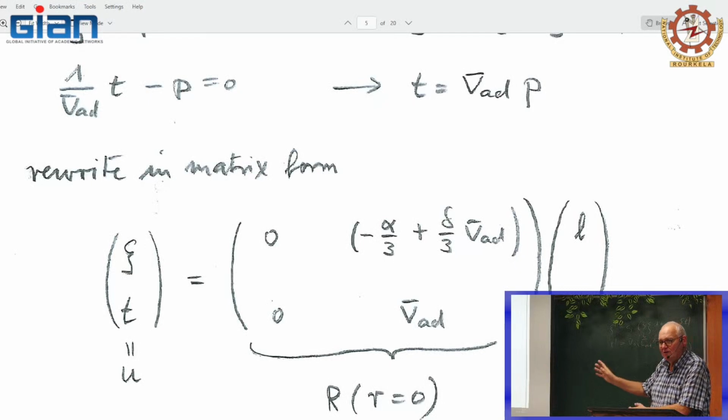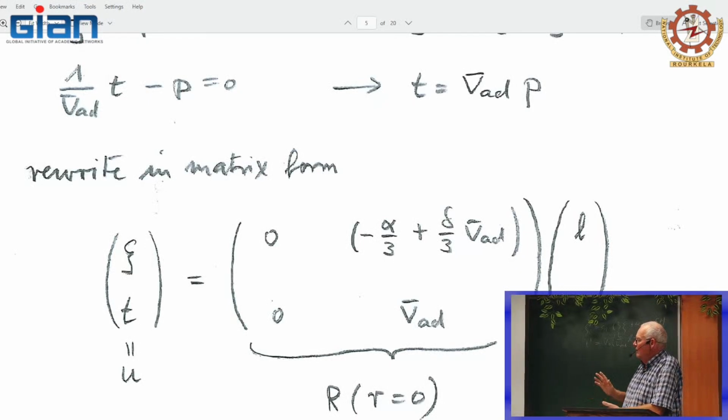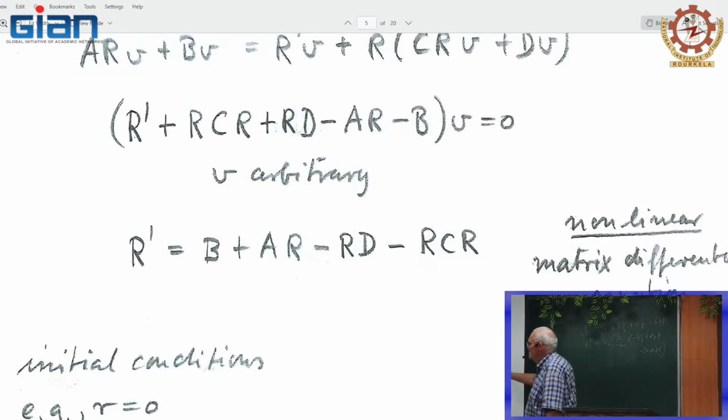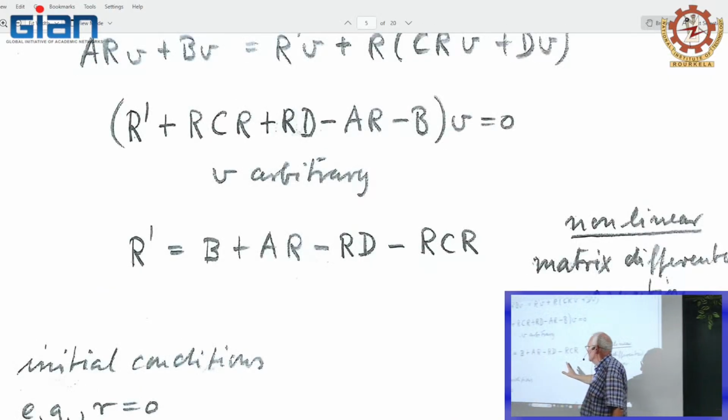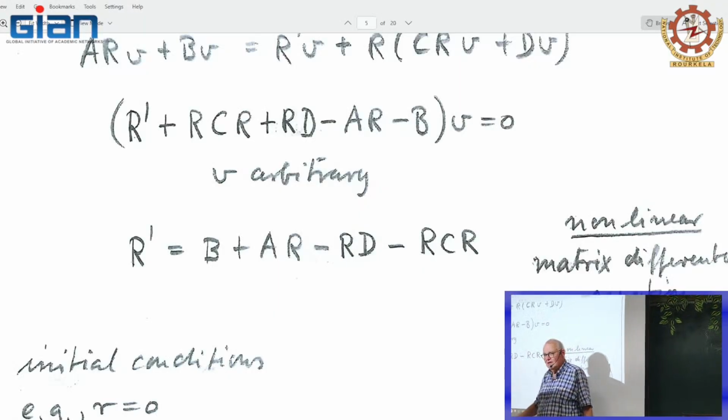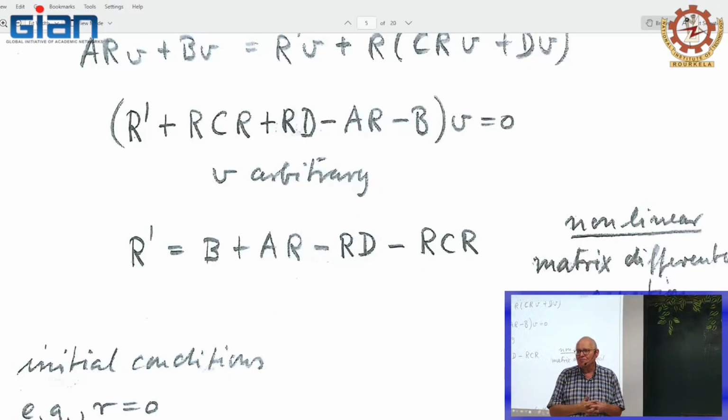Now we have unique, unambiguous initial conditions, and we can start the integration without any ambiguity concerning the initial or boundary conditions. That means we can take this equation and start an initial value integration with this nonlinear Riccati equation with uniquely, unambiguously defined initial conditions.